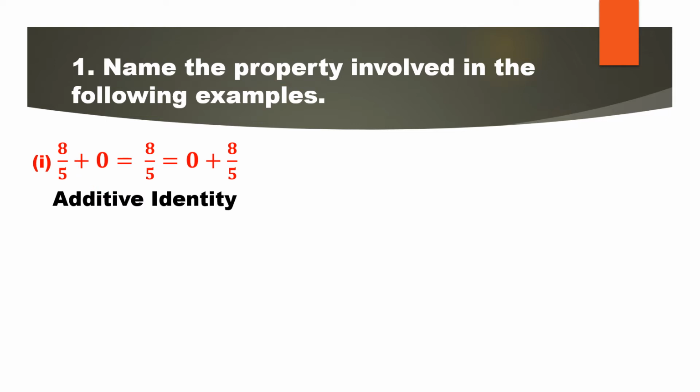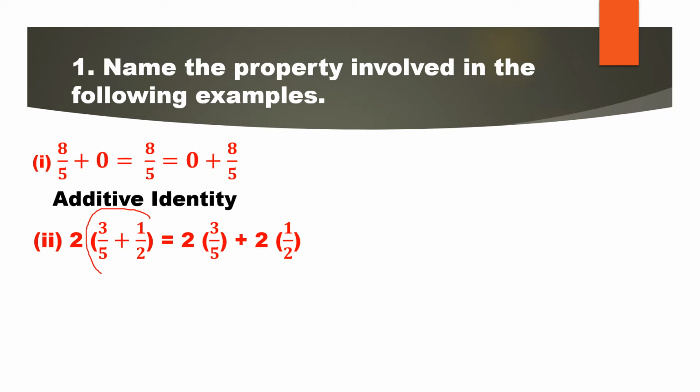Clear? So the second question is 2 into (3 by 5 plus 1 by 2), this is in one bracket. Next, 2 into 3 by 5 plus 2 into 1 by 2. If you observe carefully, here there is a multiplication symbol. What is he doing here?